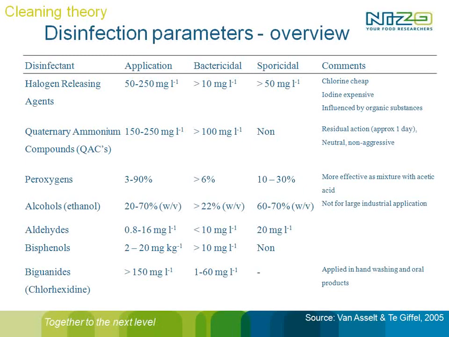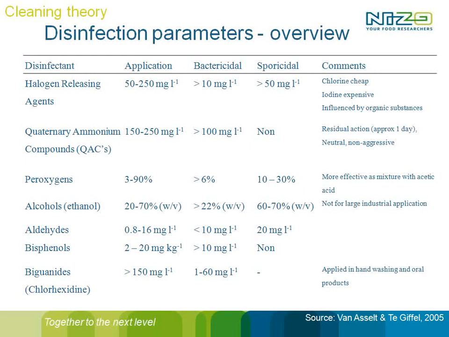And that's something to explain. Bactericidal means that it works against vegetative cells. So vegetative cells are normally less resistant against all these kinds of disinfections, whereas the sporicidal concentration is much higher. And in some cases, some compounds do not work against spores. For example, the quaternary ammonium compounds do not work against spores.